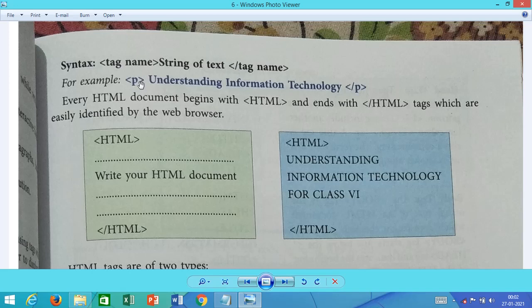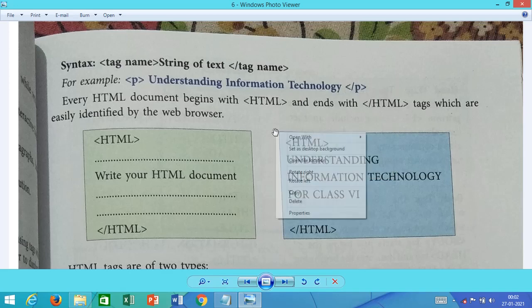This P is for paragraph change. Now if you come to the right hand side of that second sentence, it is closed with </p>. That means this paragraph change tag is also a kind of container tag. So what does it mean?